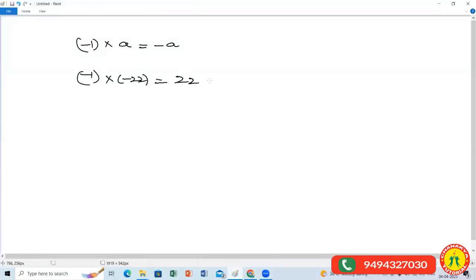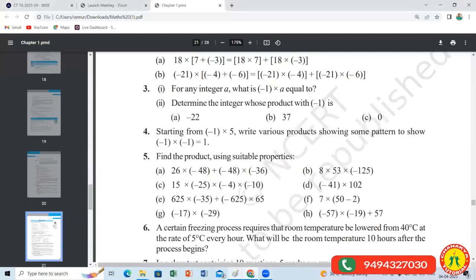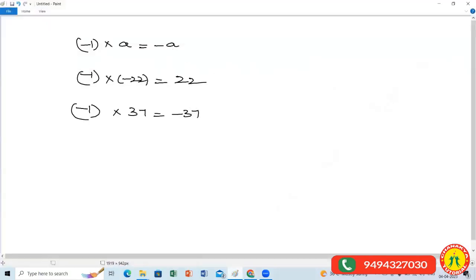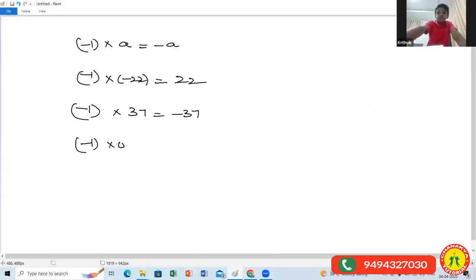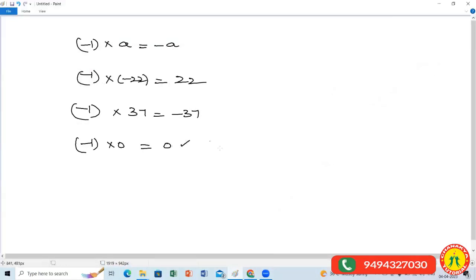Next, negative 1 into 37. Ma'am, negative 37. Very good. And the other case is also mentioned here. Negative 1 into 0. Ma'am, 0. Right.